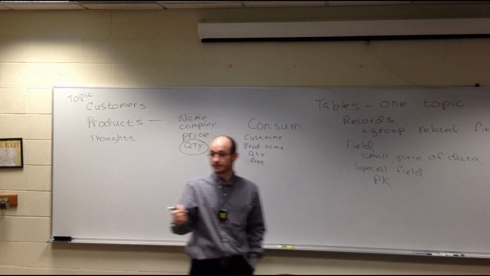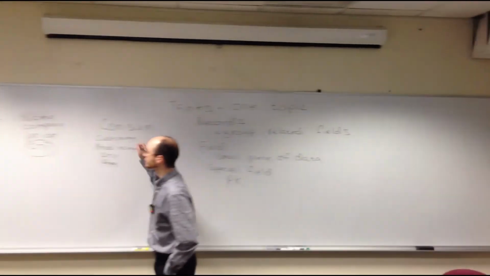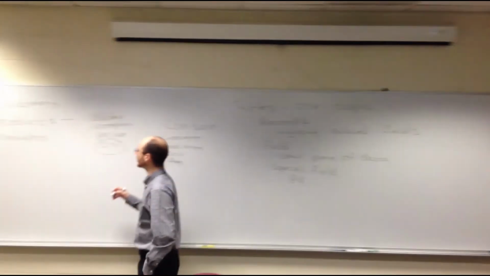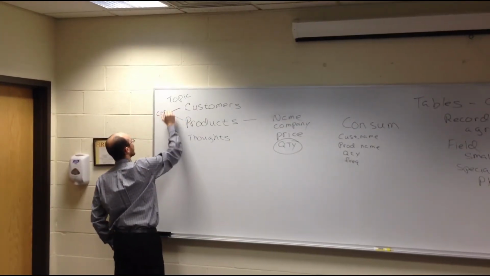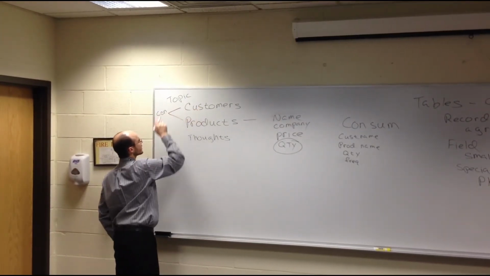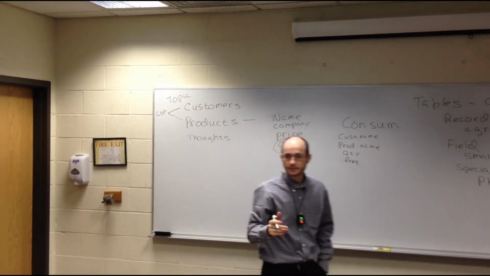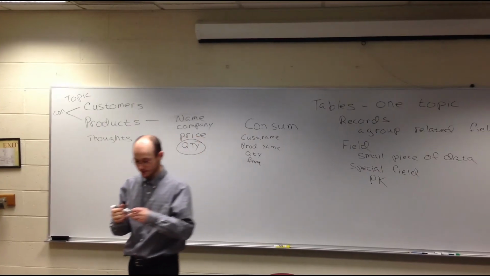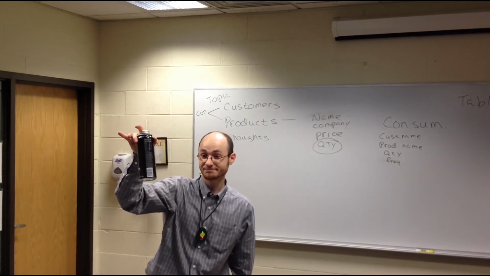You getting the idea? Why would I make a table called consumption to join these two together? So customers and products are being joined together through consumption. Because not everybody, show of hands, does everybody in this classroom drink this? Is this your energy drink of choice?